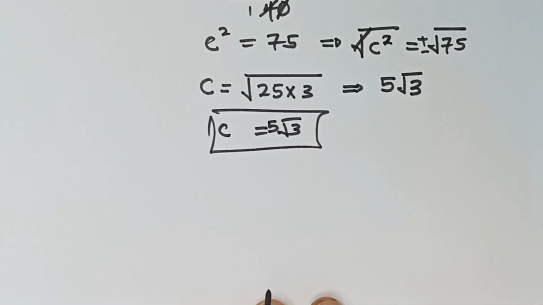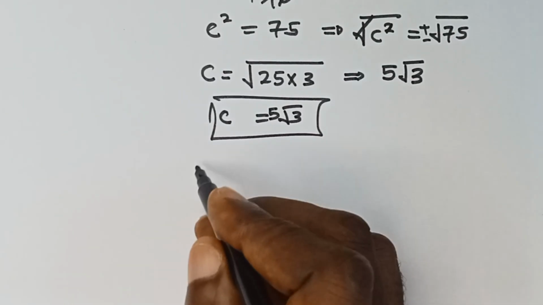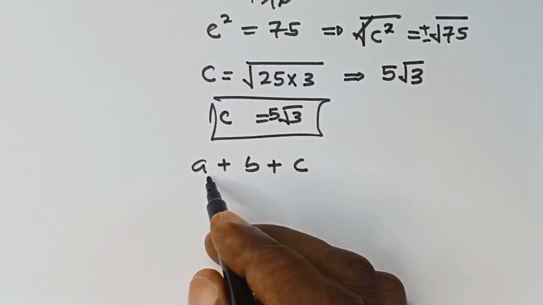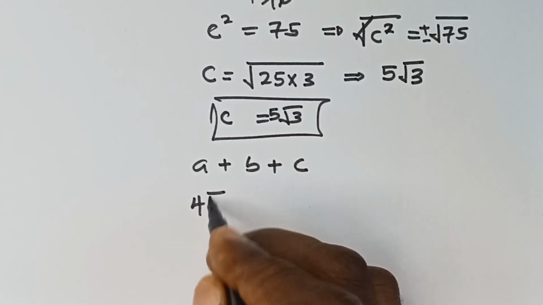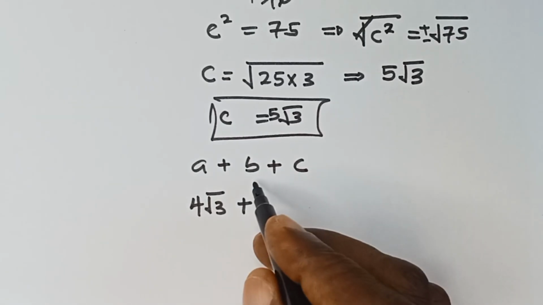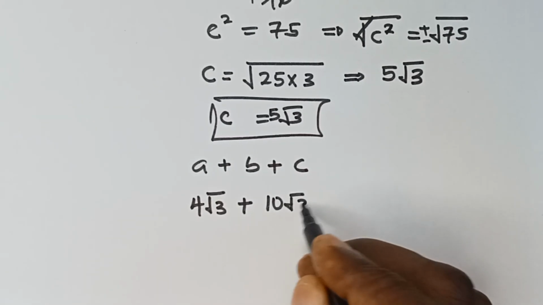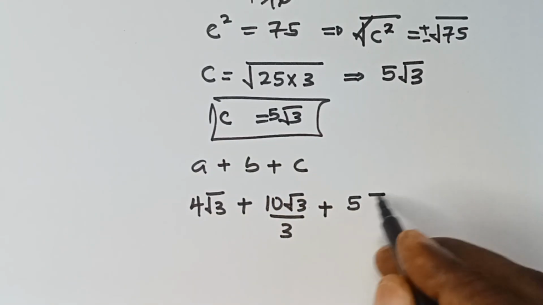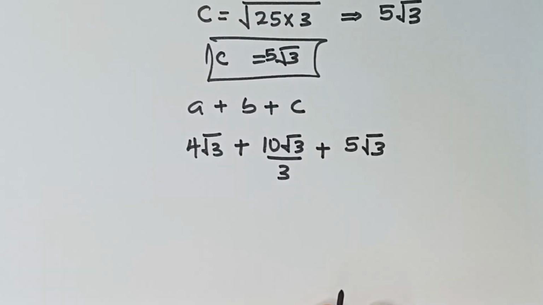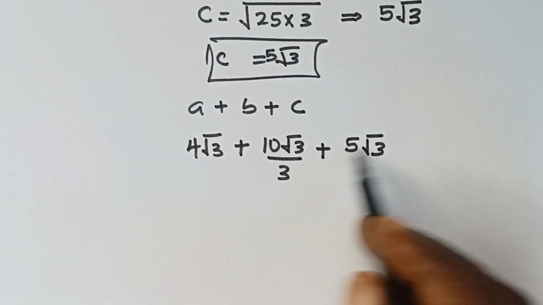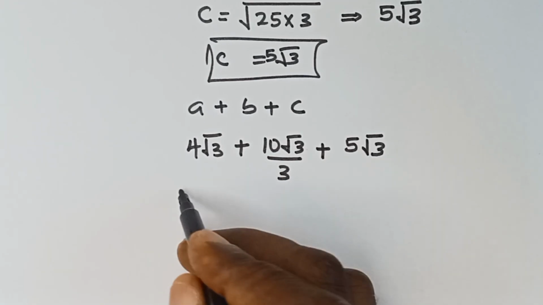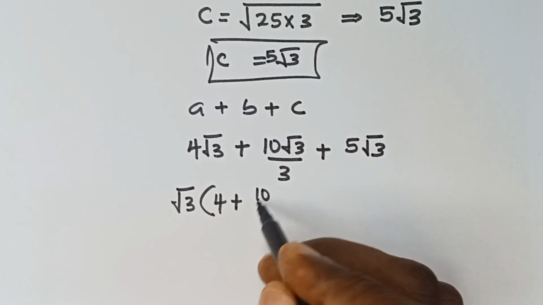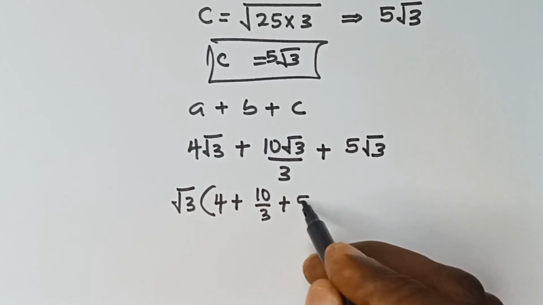Okay, now let's find the sum of A, B, and C. A plus B plus C. What is our A? Our A is 4 root 3. Our B is 10 root 3 over 3. And lastly, our C is 5 root 3. So what is common? Root 3 is common here, so when you factor out root 3, we have 4 left here, 10 over 3 here, and 5 here.